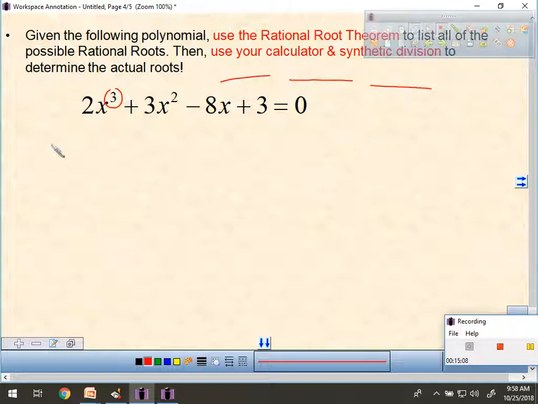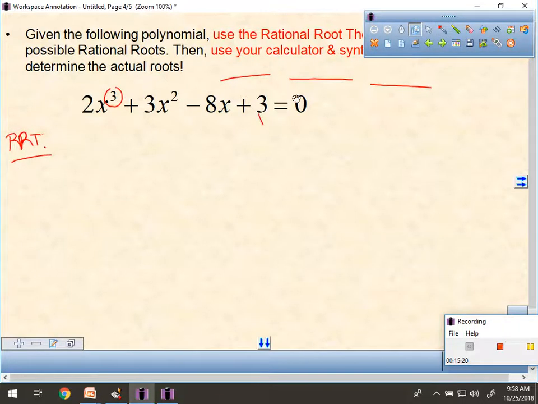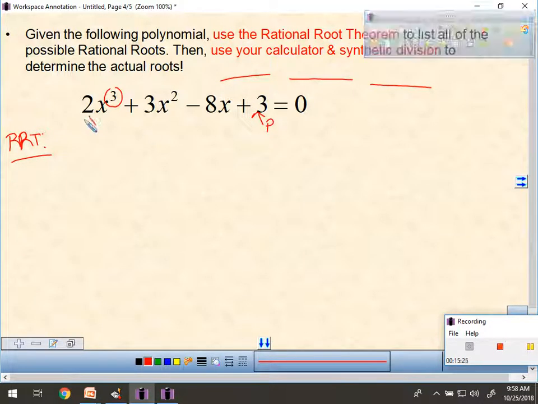Well, I'm going to go ahead and list out my rational roots. So I'm going to do my P's and my Q's, my rational root theorem. My value for P is 3, and my value for Q is 2. So what I'm going to have here is 3 over 2. And then I'm going to list my factors of that.